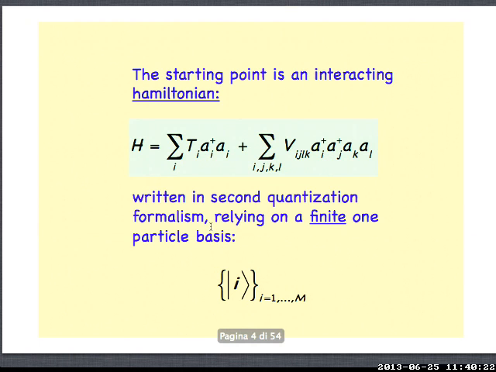Precisely, the starting point is a very general interacting Hamiltonian, which can be written in second quantization formalism, starting from any basis in the one-particle space. A point is that the basis has to be finite, which could be either exact, depending on the model you are studying, or it could be an approximation, and afterwards one can investigate the limit m to infinity.